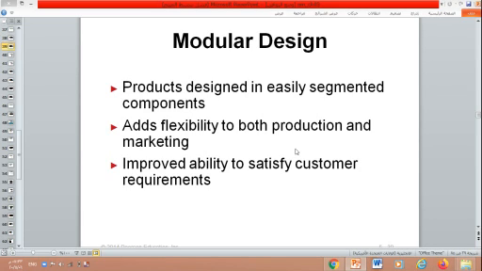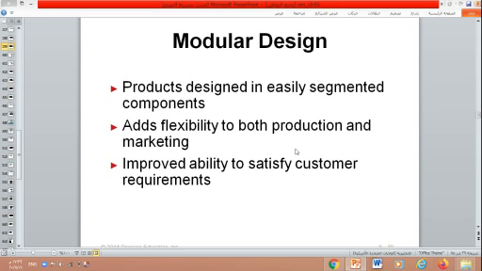So what are the main benefits of modular design? It adds flexibility to both the production and marketing departments. If we ask how modular design provides flexibility for production and marketing: for the production department, the operations managers find that modular design is helpful because product development, production, or any changes in the product are easily performed.